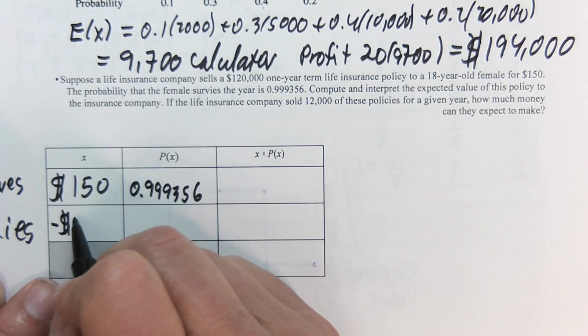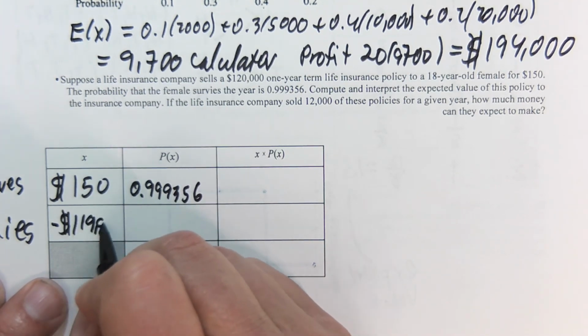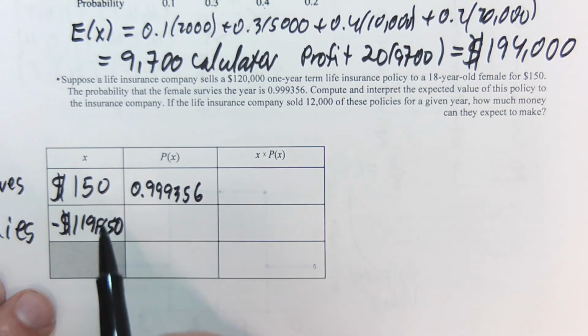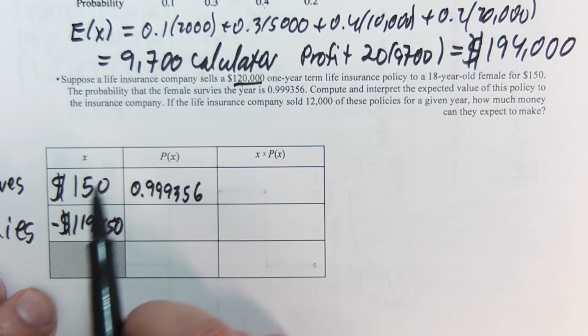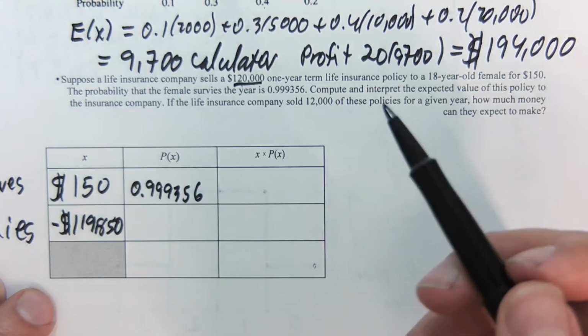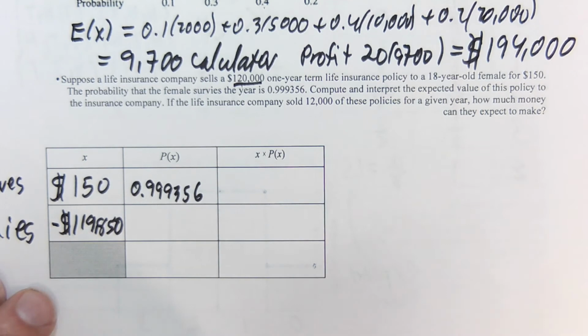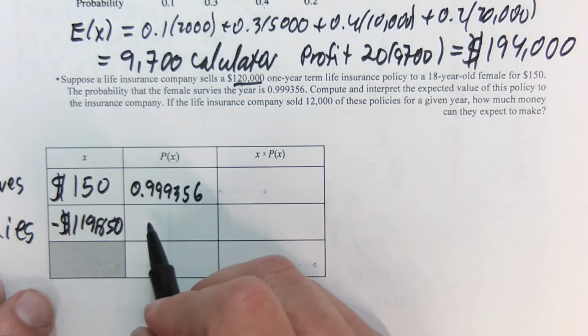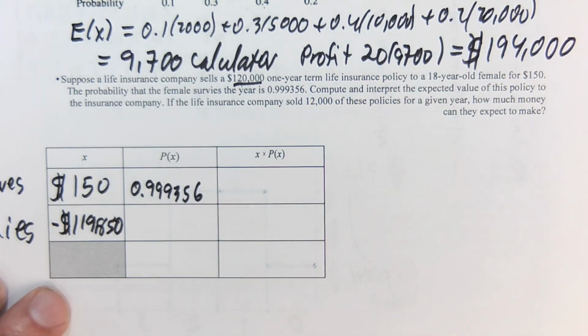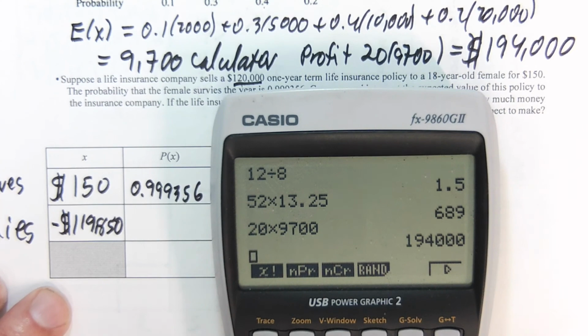The company only has to give out $119,850. It's the 120,000 minus the 150, because if she gave us the $150, we're giving it back to her, so we're not making anything on that. And the probability that she dies is going to be the complement of this number here. So 1 minus 0.999356.